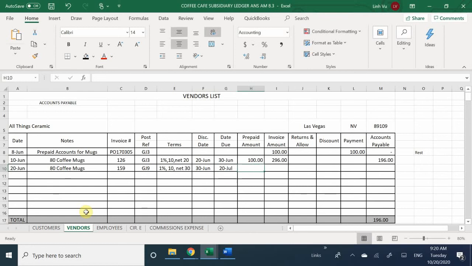Very good. I didn't have a prepaid amount. What was my invoice? The invoice is 196.80. That's not the invoice. What's the total amount that you owe?